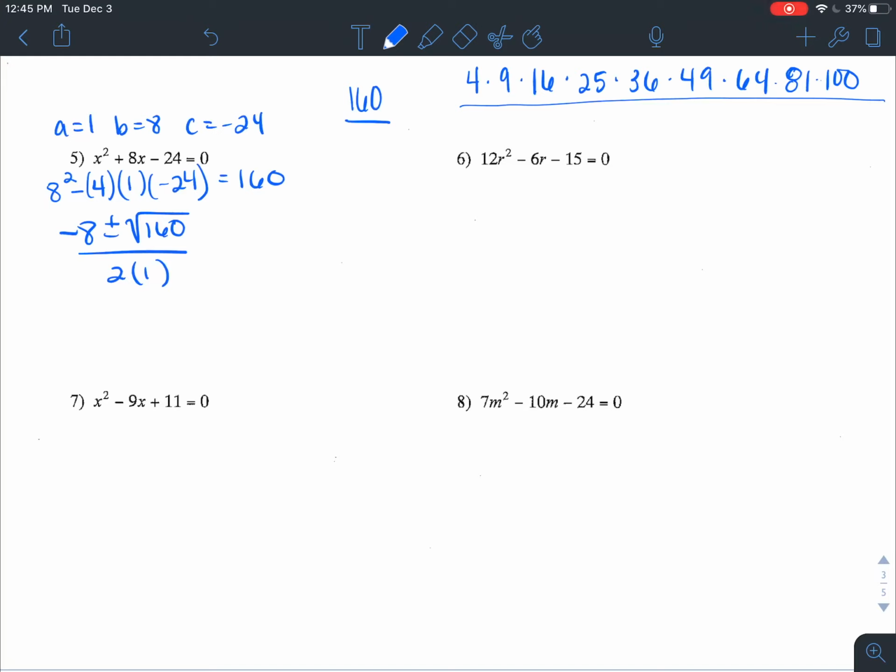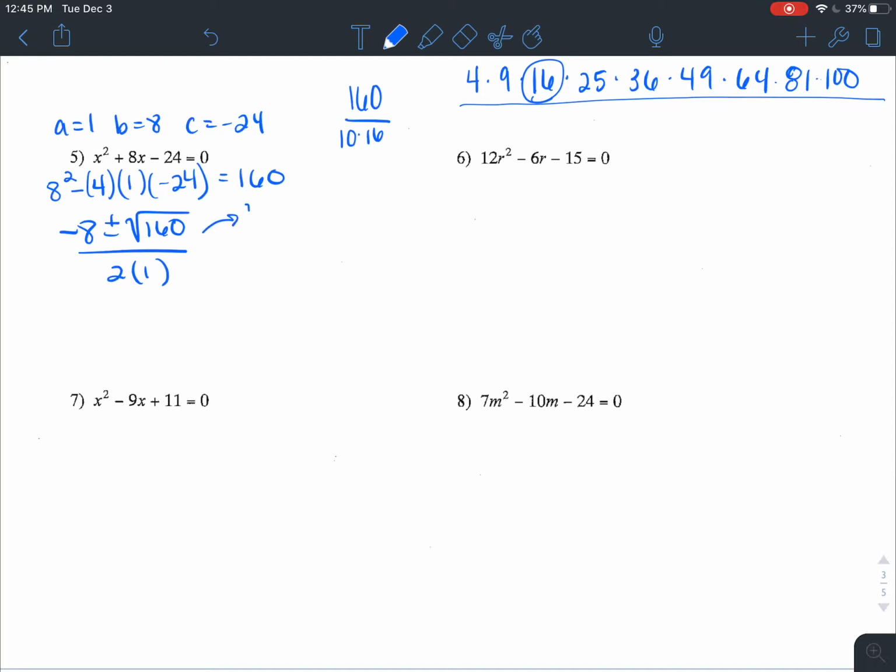Okay, so it takes a little bit of calculator work, but hopefully you can see it right off the bat that 16 times 10 gives us 160, right? So that is one of the factors, and 16 is our largest number from this list that will divide evenly into there.